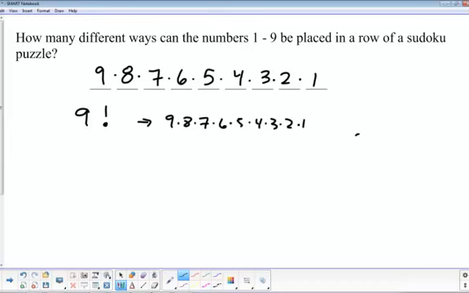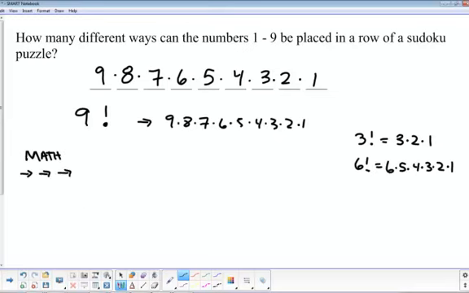So if we had like 3 factorial, it would be 3 times 2 times 1. 6 factorial is 6 times 5 times 4 times 3 times 2 times 1. There is a button on the graphing calculator, and it's on some scientific calculators too. You have to go to the math button if you have a graphing calculator at home. And then you go over 3 times to the title of probability.